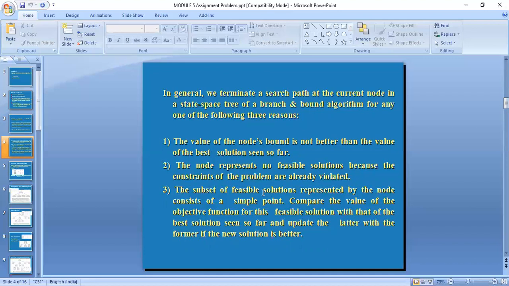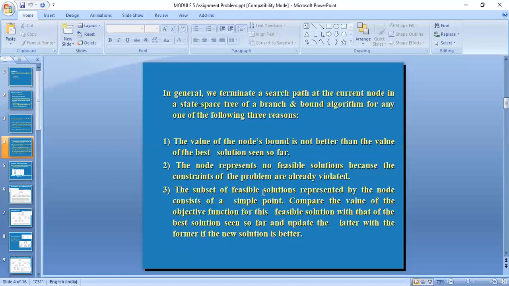The third reason for terminating is when the subset of the feasible solution represented by the node consists of a single point, called the simple point.